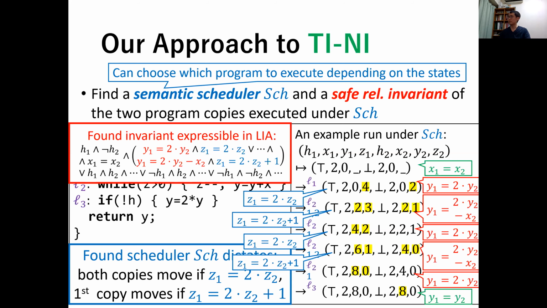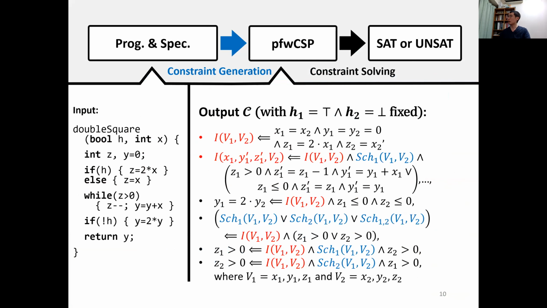All right, okay. So now the question is, how do you express this as constraint solving? The general flow of our approach is as follows. We are given a program, or tuple of programs, because this is a relational property, and a specification, and we generate a constraint that is satisfiable if and only if the given verification instance is true.